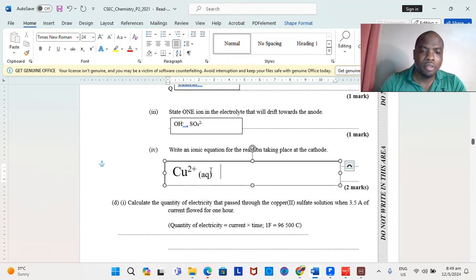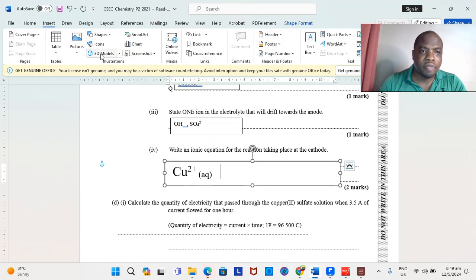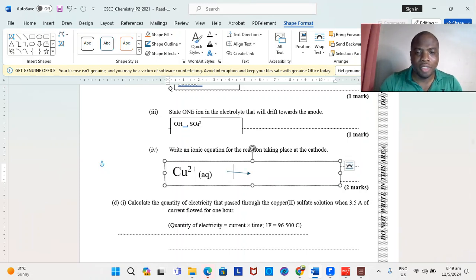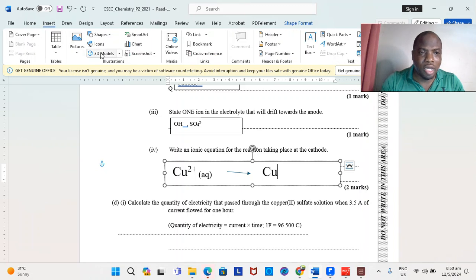So we're now ending up with copper. This is going to be solid, and that's why they would have spoken about the mass of copper being deposited.